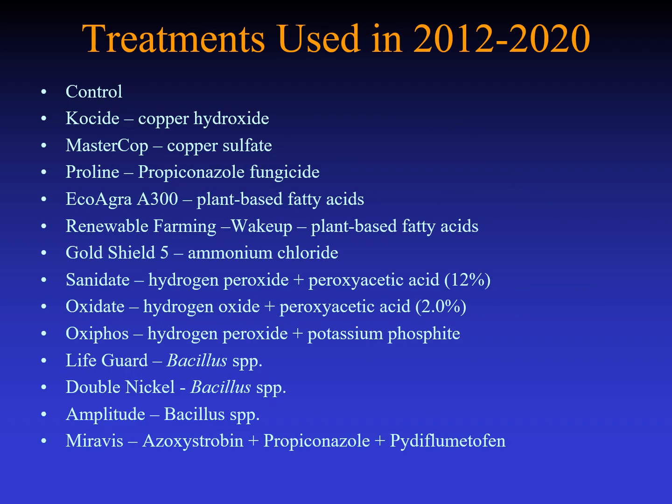We used a lot of different products to test, and this is just a list of those, ranging from copper to fatty acids, hydrogen peroxide, and Bacillus species, which is another bacterium.